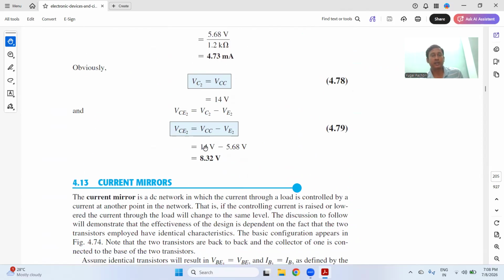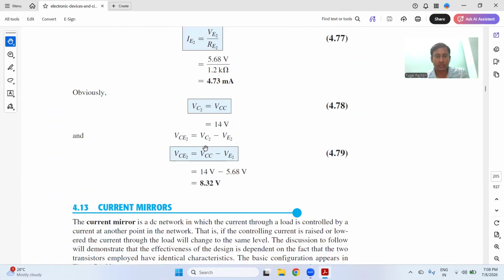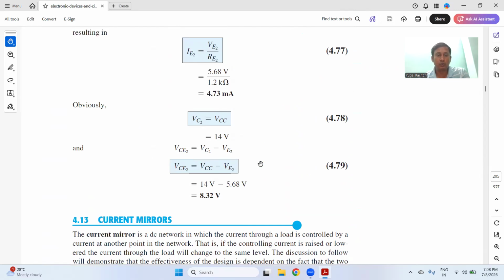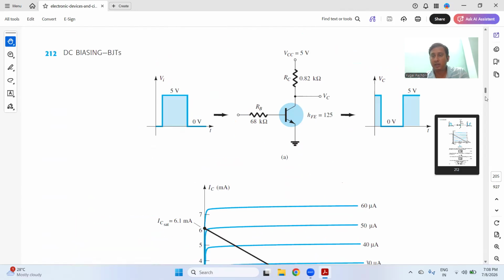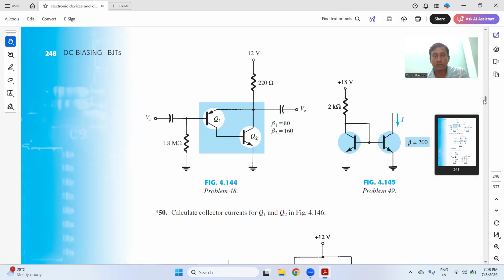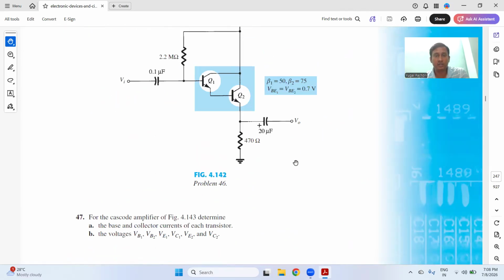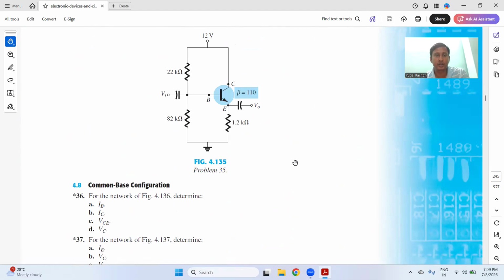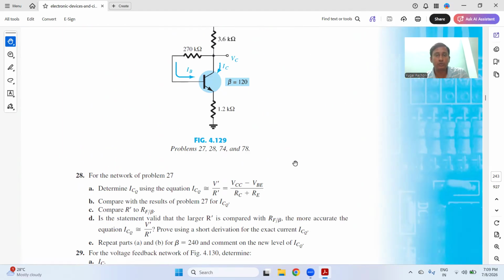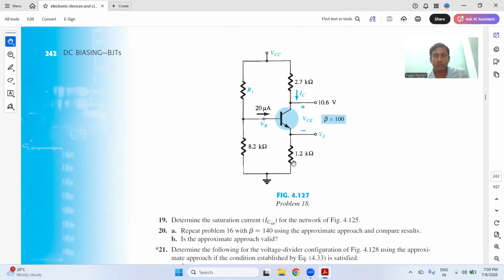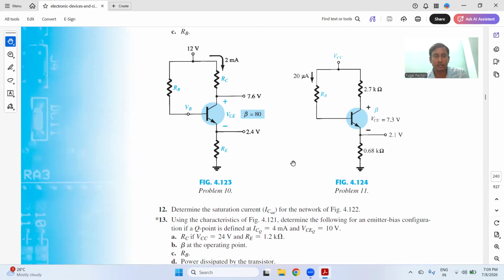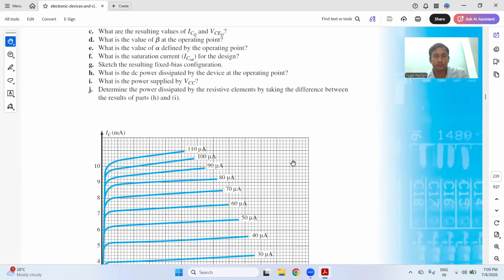And there is a current mirror circuit. The current mirror circuit we will do in the next video. I gave you just some introduction to the current mirror. Current mirror follows the concept. Let me go to that point first.